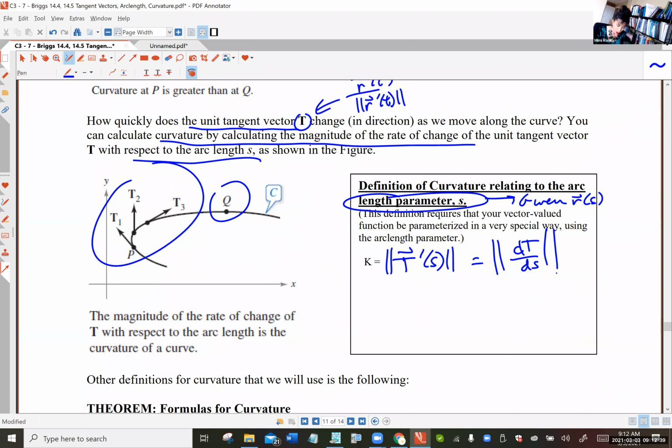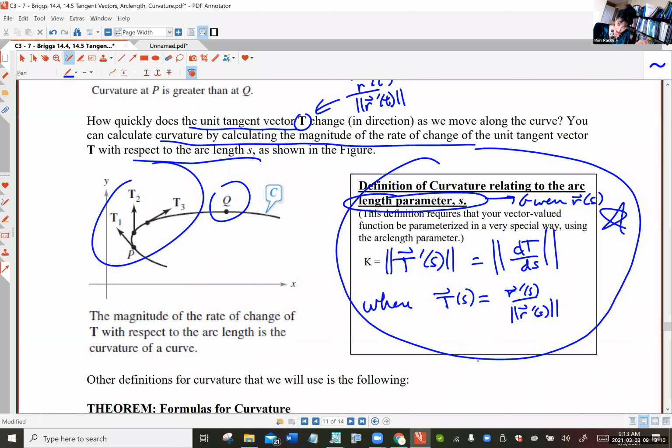The unit tangent vector, which you have to get first, is just the unitized velocity vector as before, except that you're using s for the parameter instead of t. Although on most of my quizzes and exams, since it's so rare to have your function parameterized by s, I usually never get an opportunity to use this formula. So I'll just put not common.